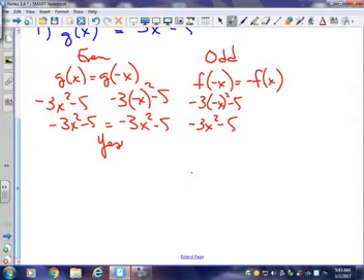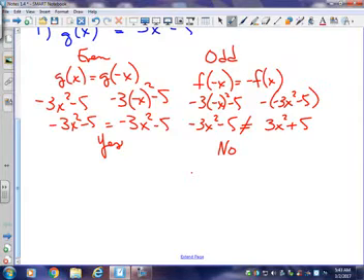And then over here, you're going to put a negative times the whole entire question. And negative times a negative is a positive 3x squared, and negative times negative is a positive 5. And these are not equal, so you write a not equal symbol between them when they don't work, and say no. So now we know this problem is even.